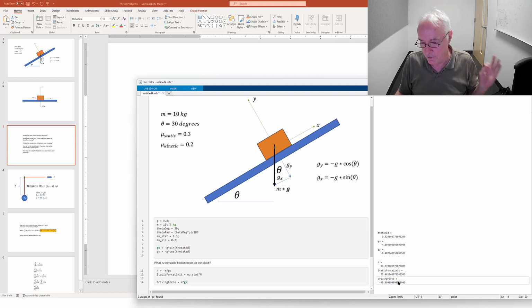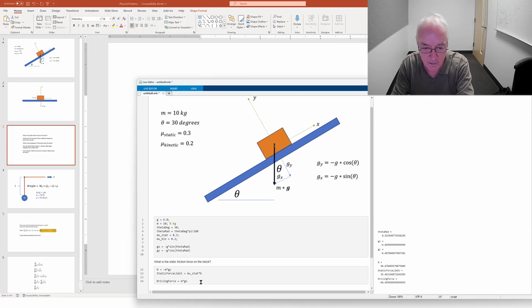To be a little bit more clean and efficient, what I'm really saying is it's the absolute value of 48.99 that matters, and that's way bigger than our static force limit. And therefore, the box absolutely will be moving down the plane. All right, and so with that, we have our first answer, which is there is no static friction.